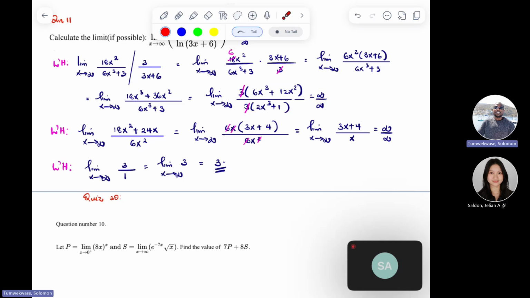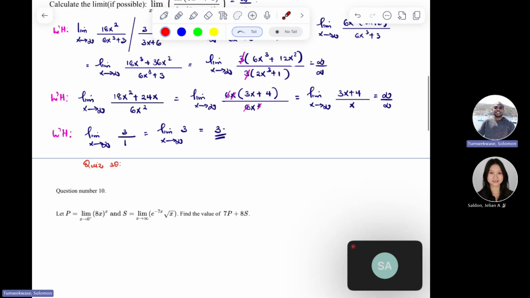At this point, if I take the limit of this, I'll get infinity over infinity, and there is no way I can factorize these two functions in such a way that the infinity disappears. So I have to take L'Hopital's rule.